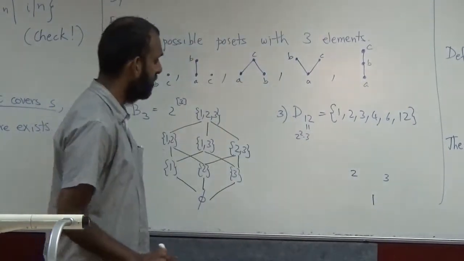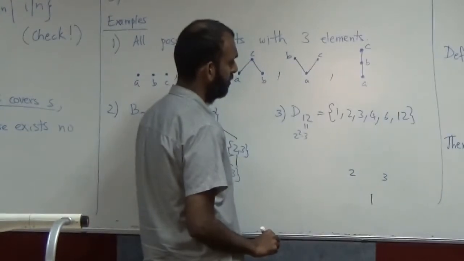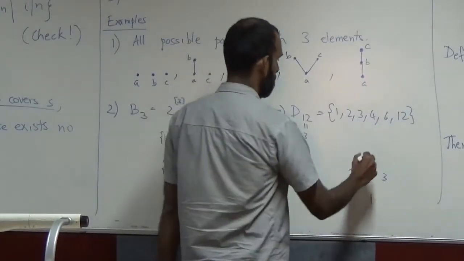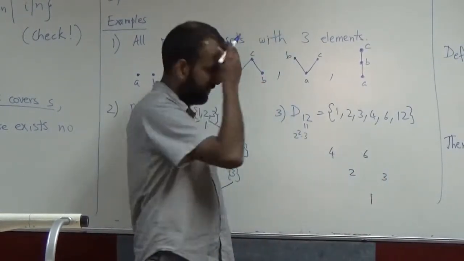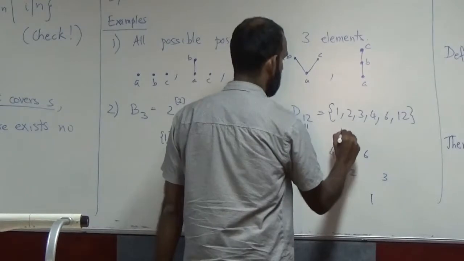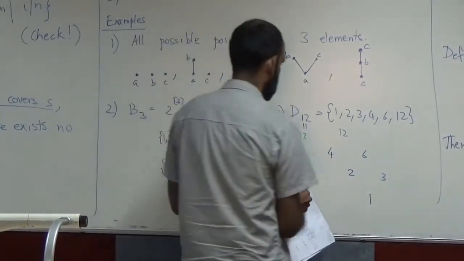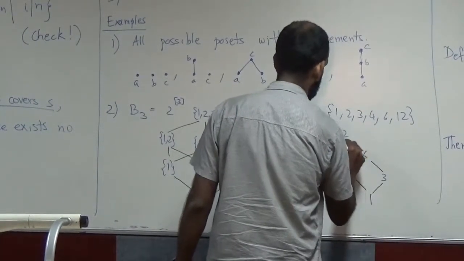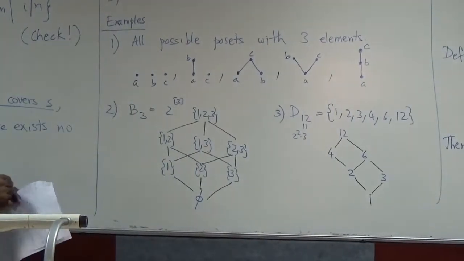So what is going to be above 2? Well, both 4 and 6 are going to be above 2. But 6 is also going to be above 3. And finally, 12 is going to be above everybody. So let me draw the cover relations. Okay, so it looks nice.